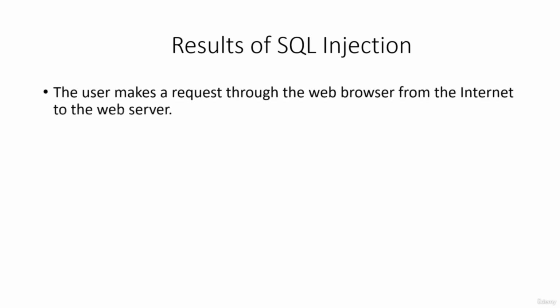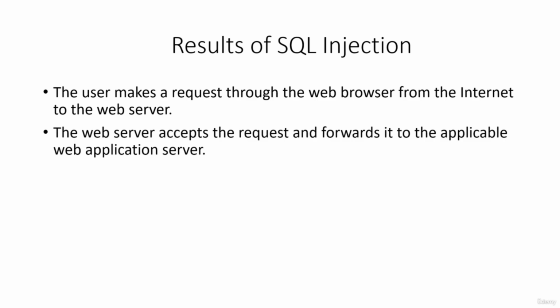So this could happen like this: the user makes a request through the web browser from the internet to a web server, and the web server accepts the request. Basically, another name for this is the anatomy of a web application.